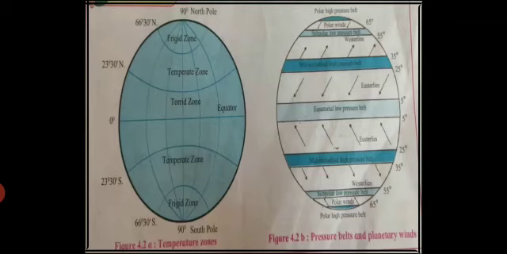But as you can see in the figure 4.2a, the latitudinal extent of temperature zones is much larger and it extends from 23 degrees 30 minutes to 66 degree 30 minutes, while the air pressure belt has a limited extent, generally up to 10 degree parallel. So this means that the temperature zones are larger than the pressure belts, while the pressure belts are narrower.